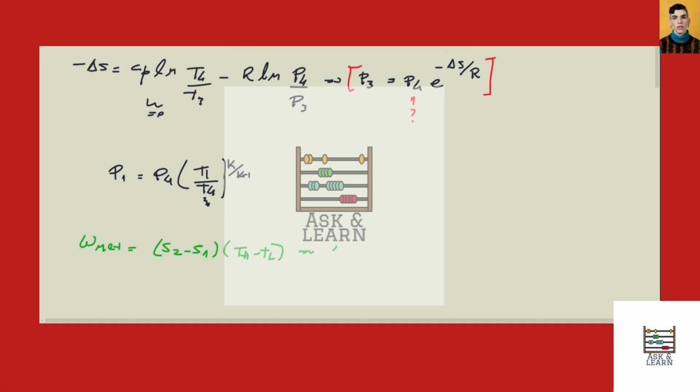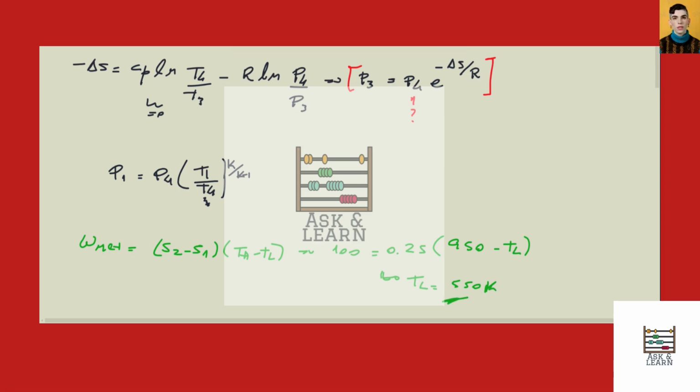Therefore, this is just 100, that is equal to 0.25, the entropy increase, times 950 minus TL. Therefore, from here, we take that TL is equal to 550 Kelvin.